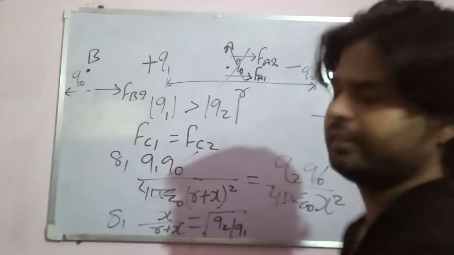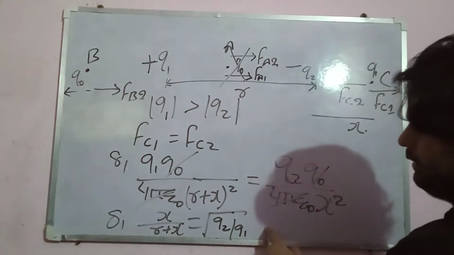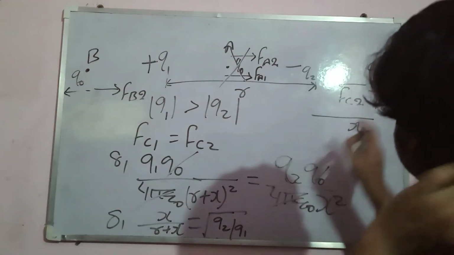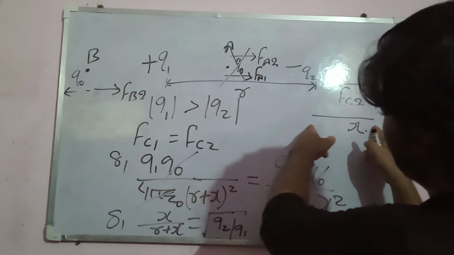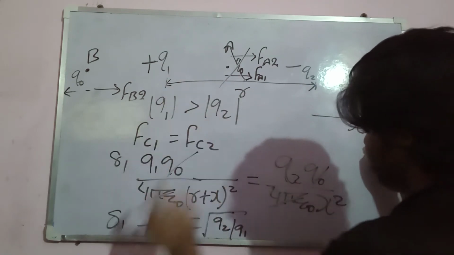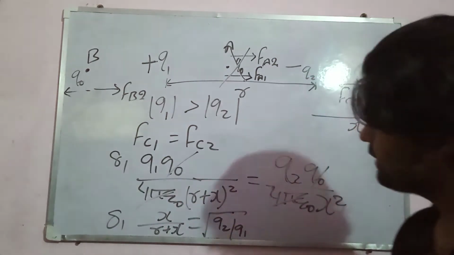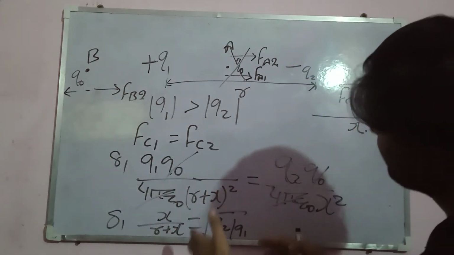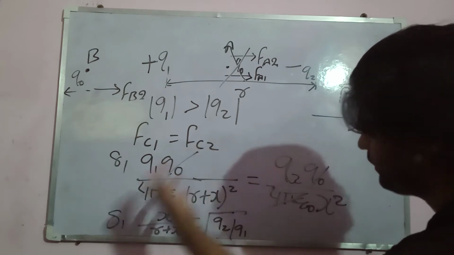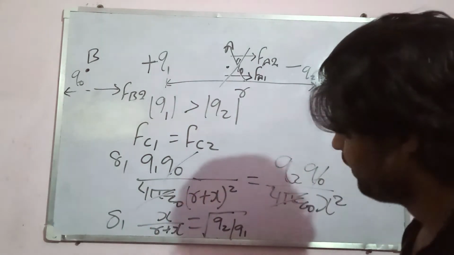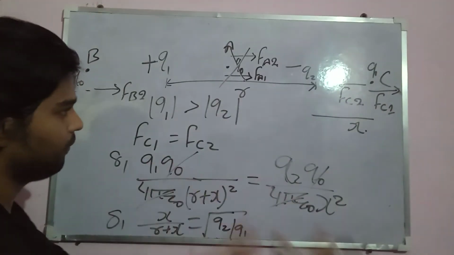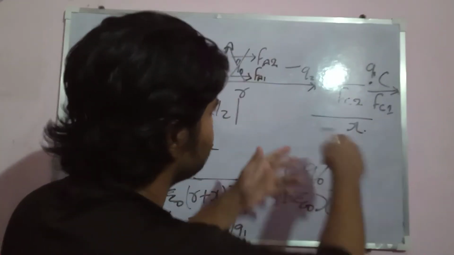So we are getting this data here, that this distance ratio to this distance is equal to the square root of Q2 by Q1. Means that you can solve this equation to get the value of x, so we can find where our equilibrium point lies, closer to Q2.